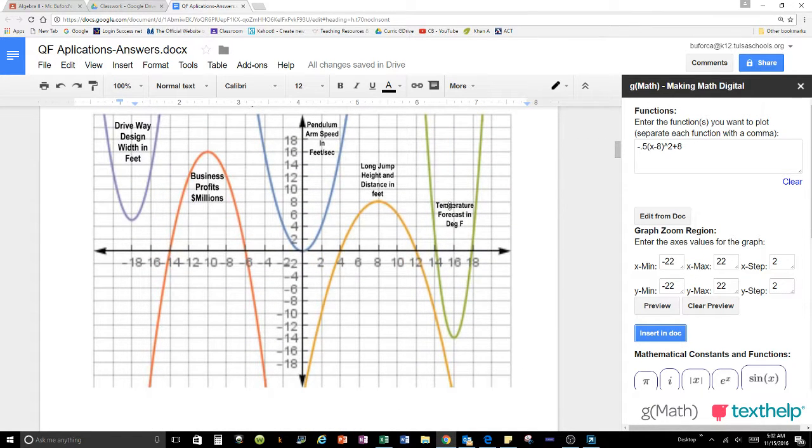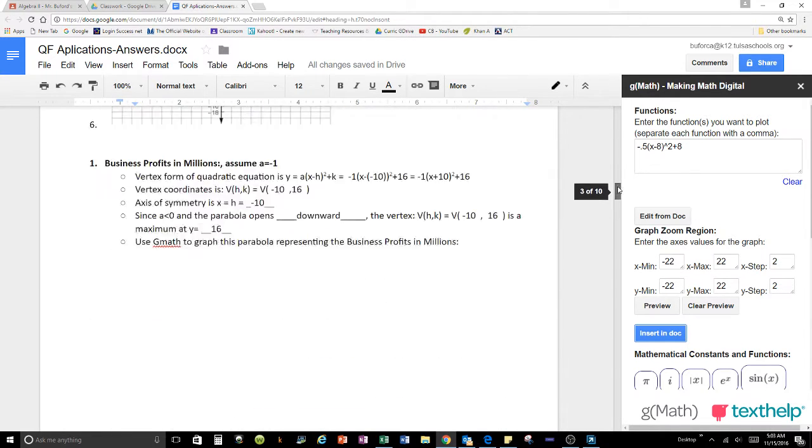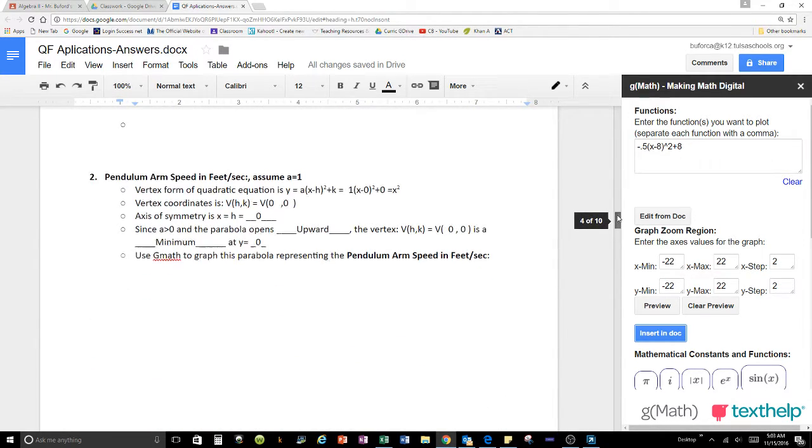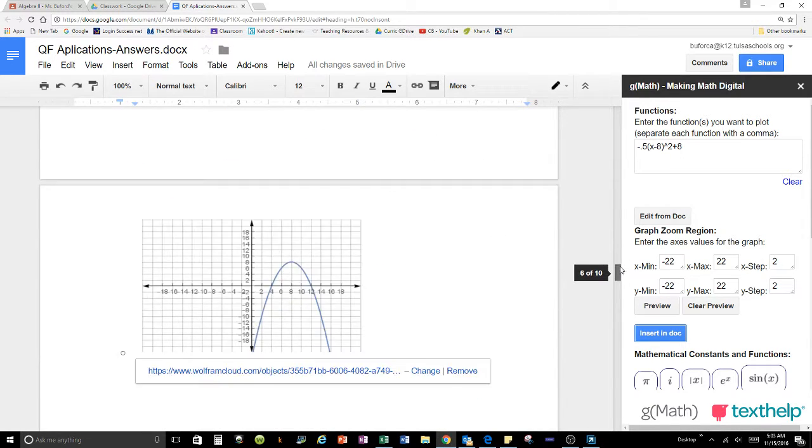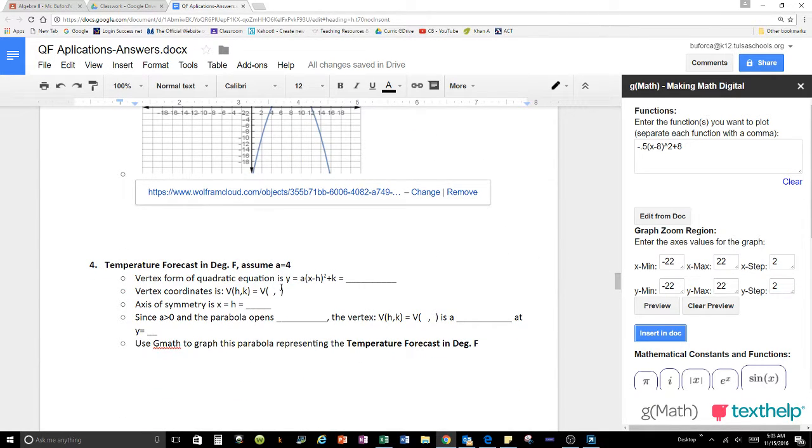Okay, the next one is temperature forecast, and the h and k, just go to the vertex and see what is h and k. So h is the x-axis, that's 16, k is minus 14. So 16, minus 14. Let's go to the temperature. Here's the temperature. Our a is 4.